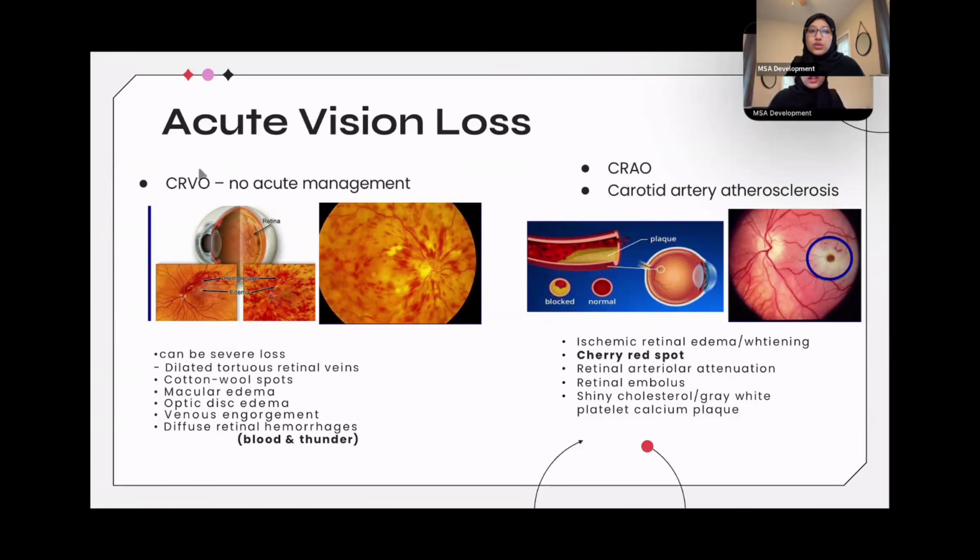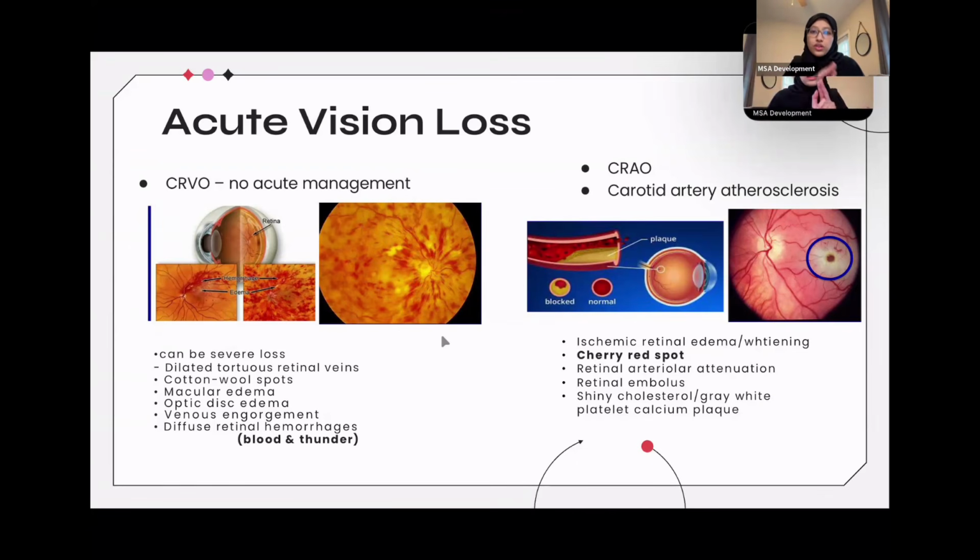Both of them can cause acute vision loss. If the vein is blocked, you will have this kind of picture. It's not specific, like the artery, it's more diffuse, you can say, and it will cause something called blood and thunder appearance. So it looks like thunder, it looks bloody, like a mess everywhere, right?